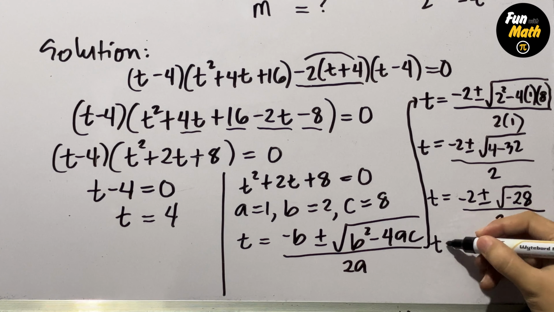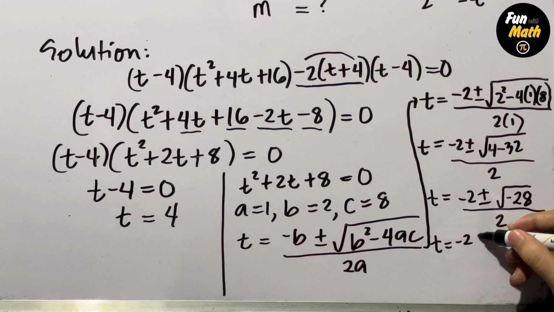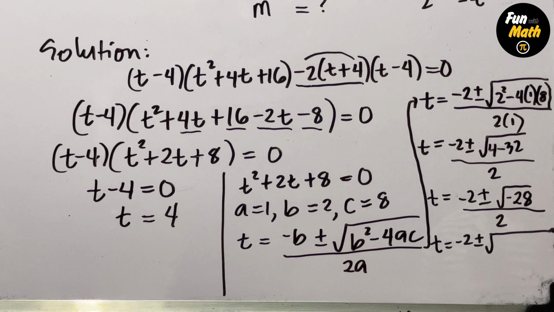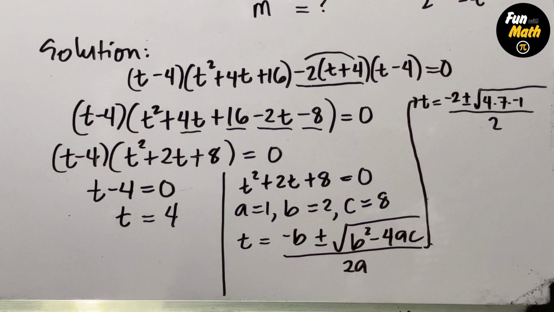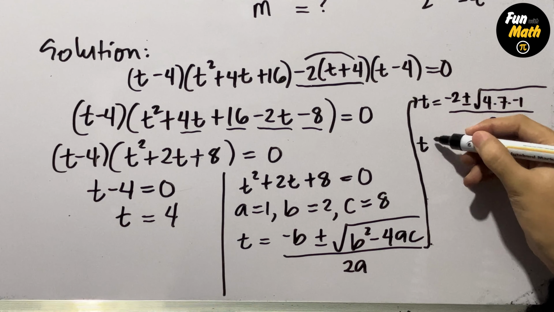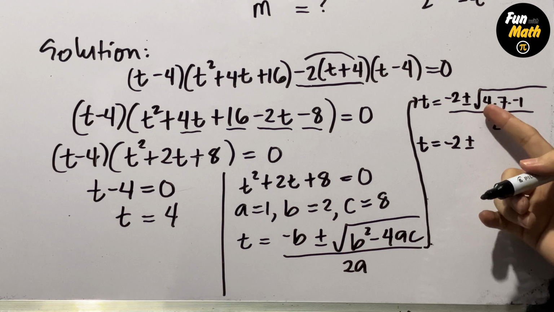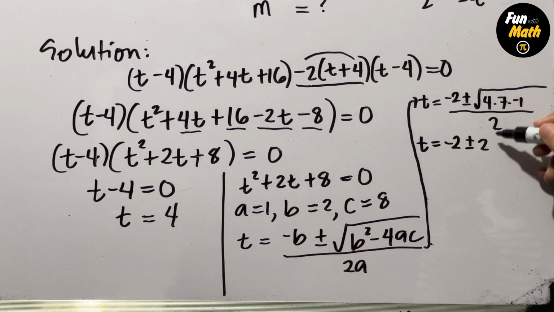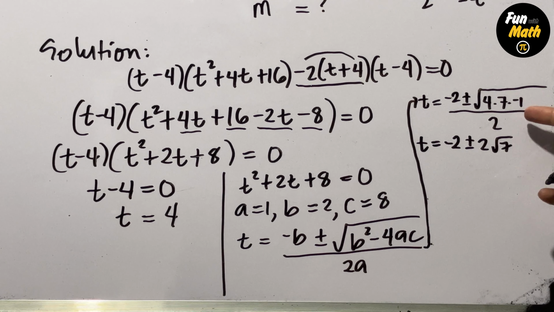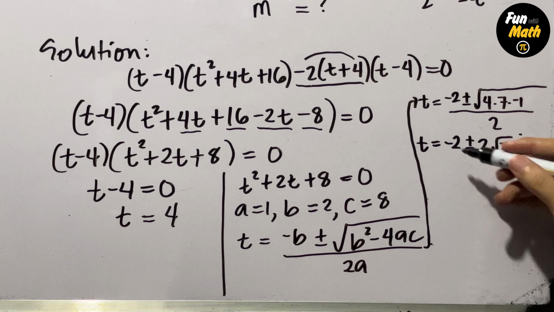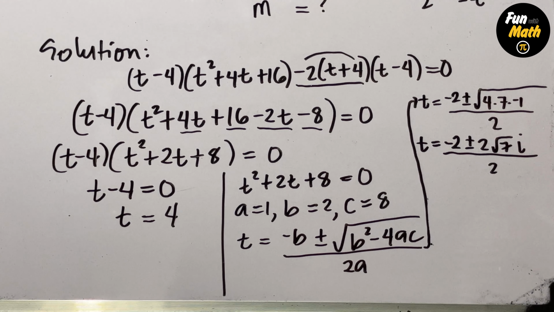So this is t is equal to negative 2, positive negative square root of 4 times 7 times negative 1, all over 2. Now to continue, that is t is equal to -2, positive negative, square root of 4 is 2. Then write square root of 7. And the square root of -1 is i, all over 2.